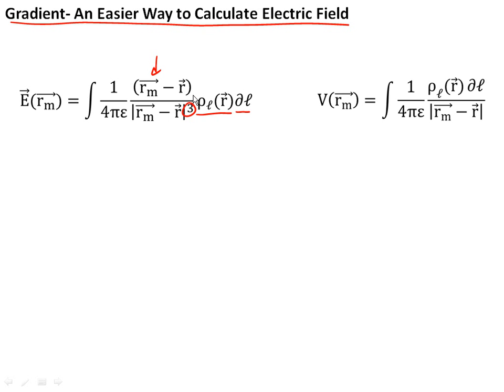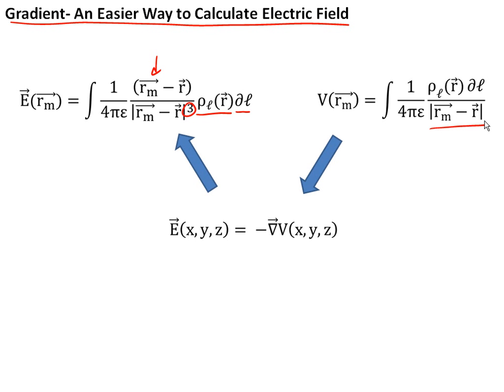So a much easier way to do this is to calculate the potential at every point in space, because notice now I'm calculating a number rather than a vector. I don't have a cubic term in the denominator, I just have a first-order term. And once I calculate that potential using superposition, I can then simply take the gradient of that function, and it's very easy to do derivatives compared to doing integrals, and that gives me the electric field.